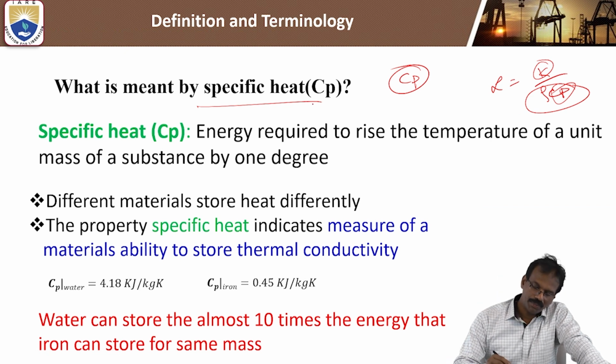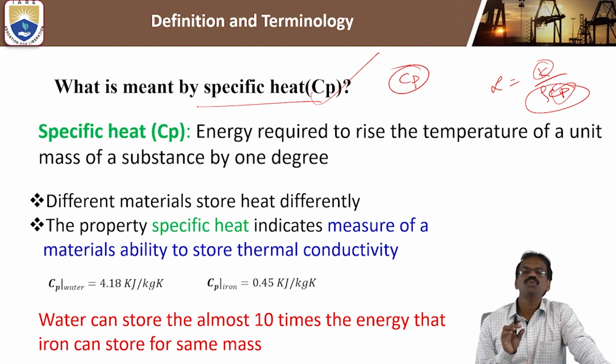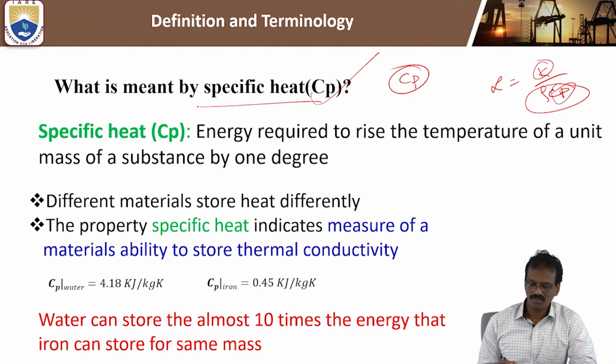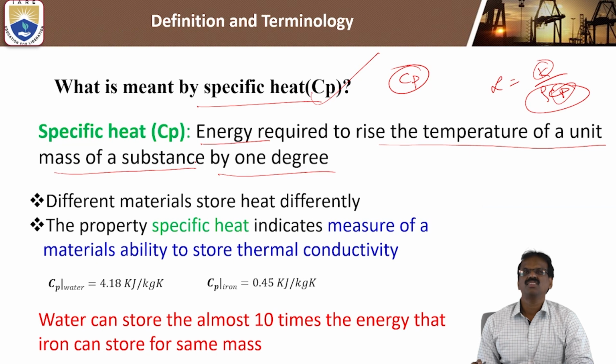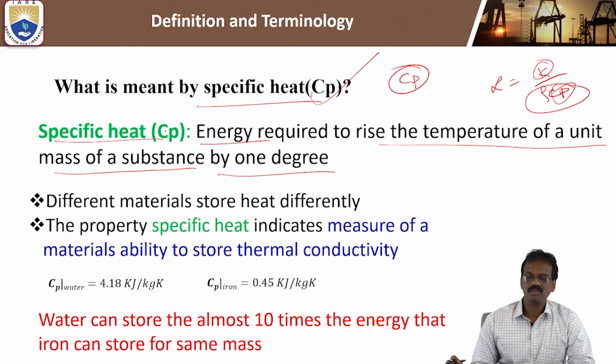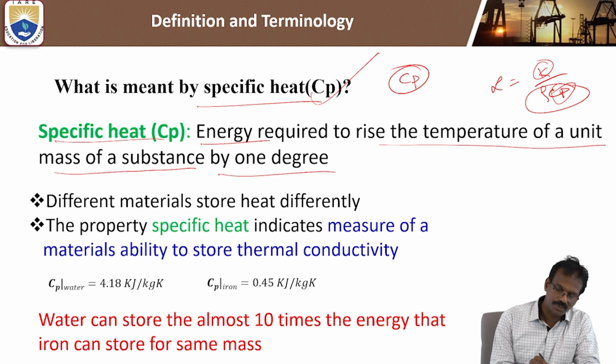So what is the definition of specific heat? Specific heat is the energy required to raise the temperature of a unit mass of a substance by 1 degree. So this is called specific heat. To raise the temperature by 1 degree, what amount of energy is required? That shows the specific heat.